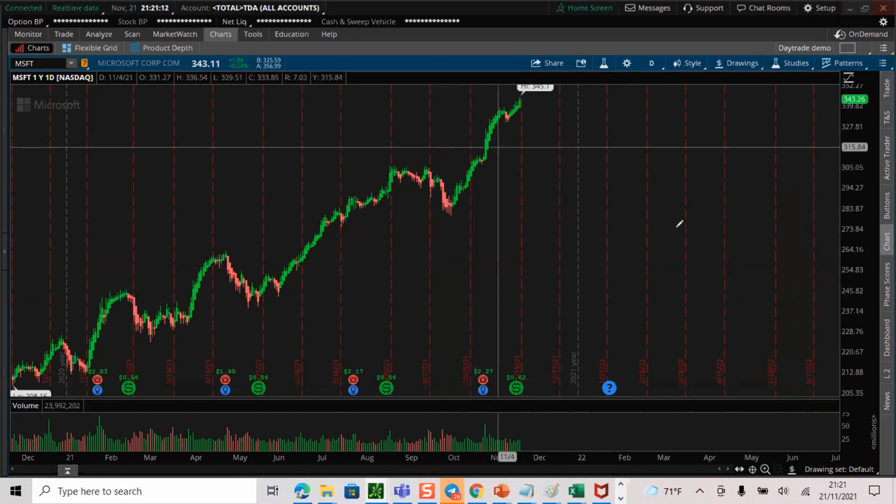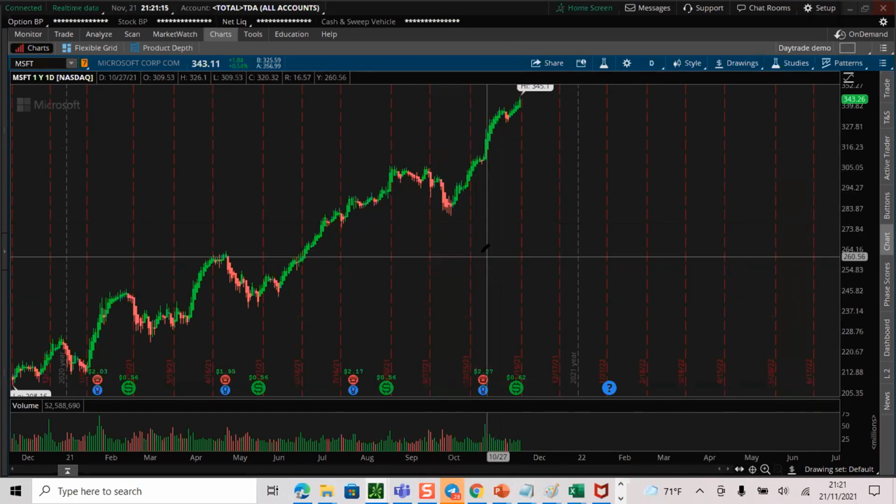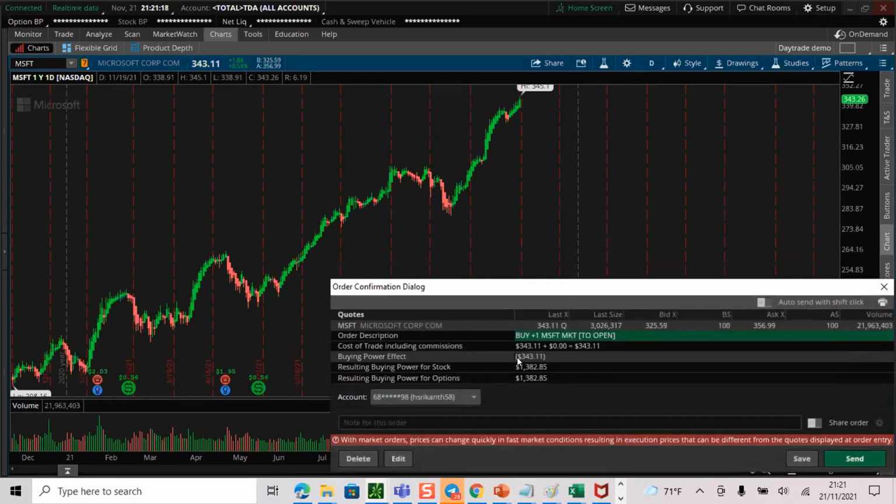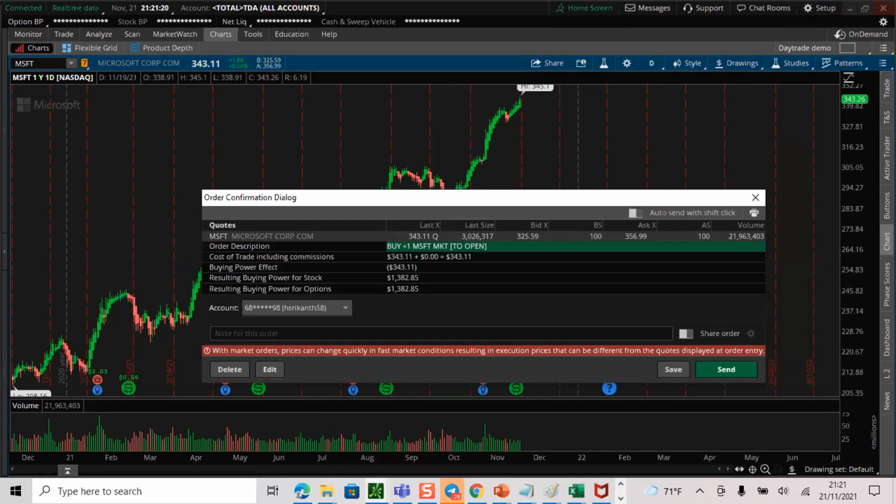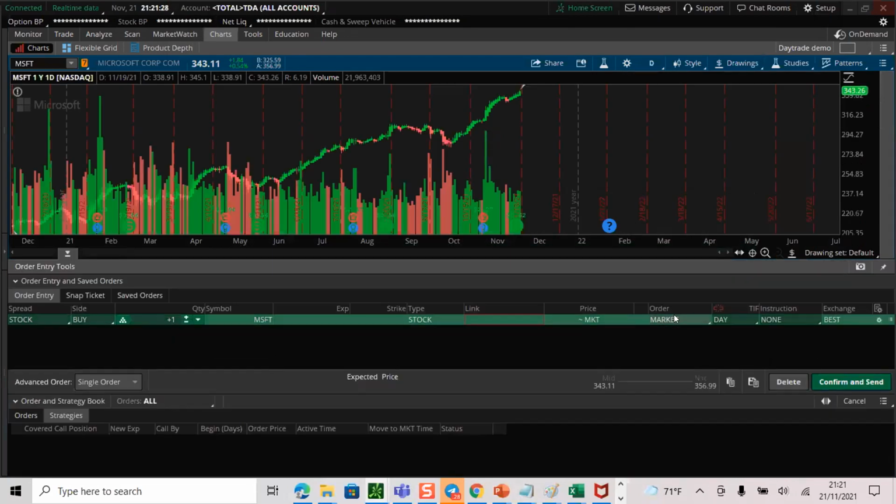Okay, let me share this. I'll right click. Okay, click on buy. So here, typically, whatever we say, $343, right? We will just say I'm going to buy it at a limit price of 343. And you can also condition your sell order, right? For that you need to go to advanced order.